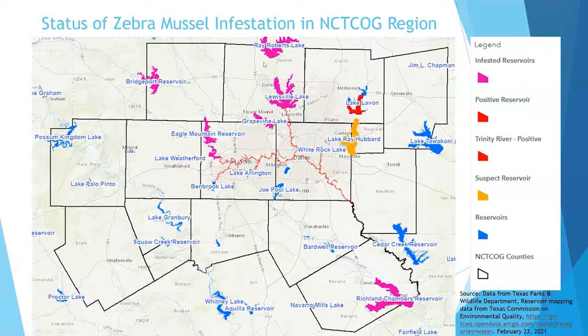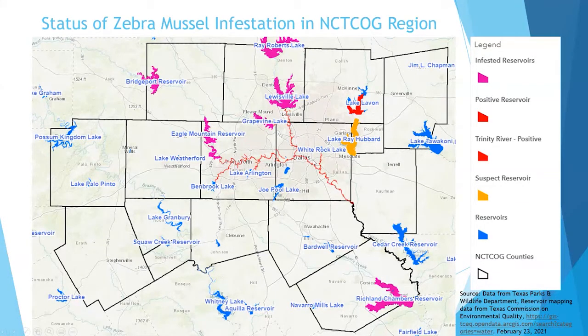Those reservoirs are Ray Roberts, Bridgeport, Eagle Mountain, Grapevine Lake, Lewisville Lake, and Richland Chambers Reservoir at the southern end of the region. We have one positive reservoir, Lake Lavon, and that means that zebra mussels have been detected more than once.